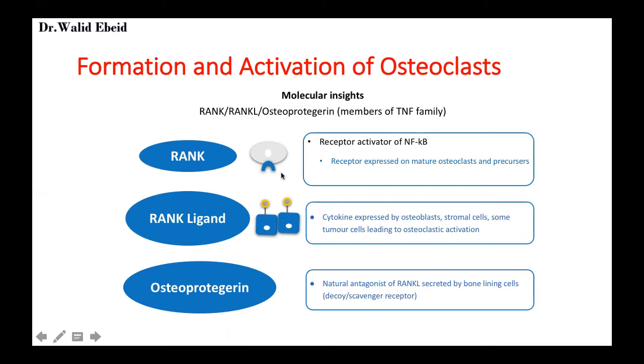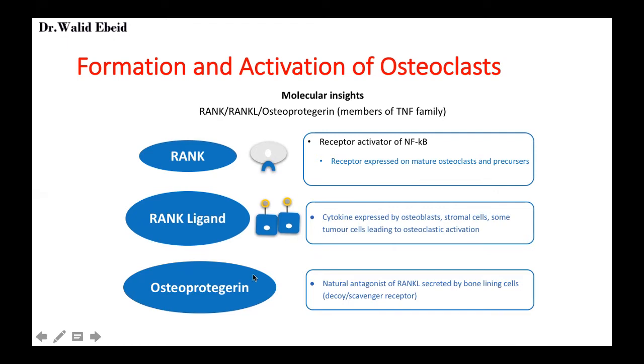On the other hand, rank ligand is a protein produced by the osteoblast that has a circle that fits into the lock. So the rank is the lock, whereas the rank ligand is the key. And once the key gets into the lock, the cell will be activated.